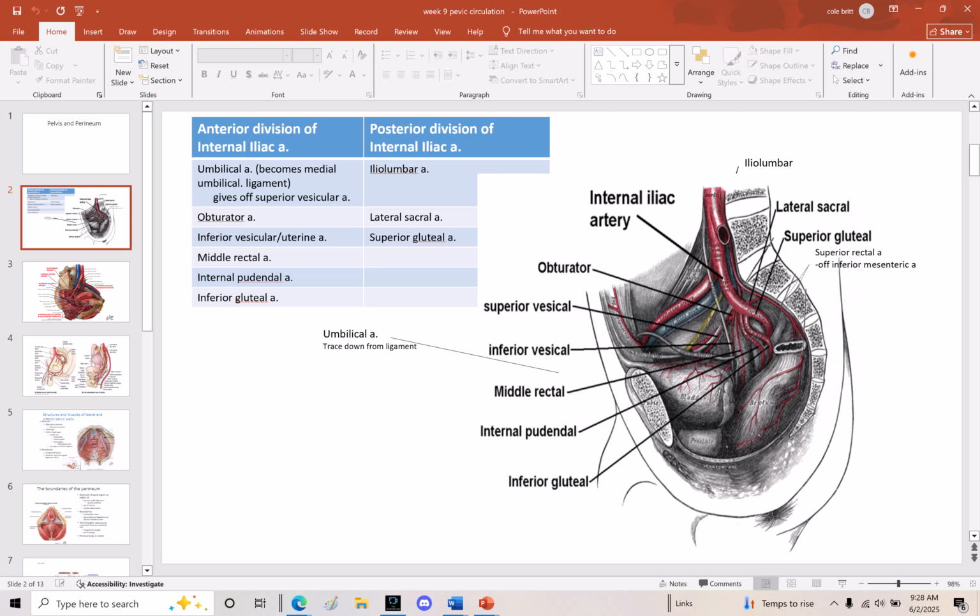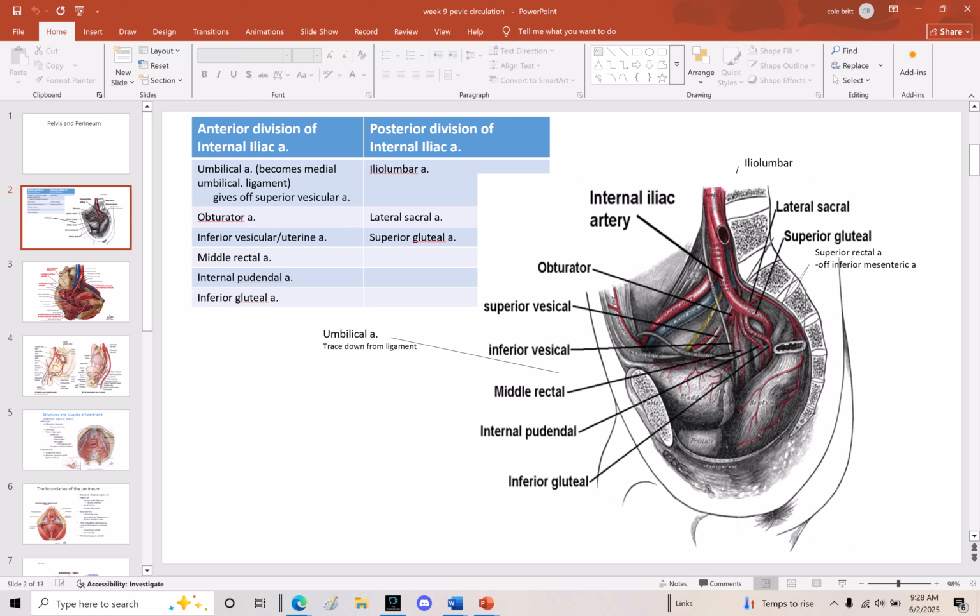And then we have the iliolumbar, which kind of makes its way back up. If you look back in your notes, we talked about 4 lumbar arteries: L1, L2, L3, and L4. L5's got to have blood supply as well. That comes from the iliolumbar artery, as well as supply to the top of the ilium.